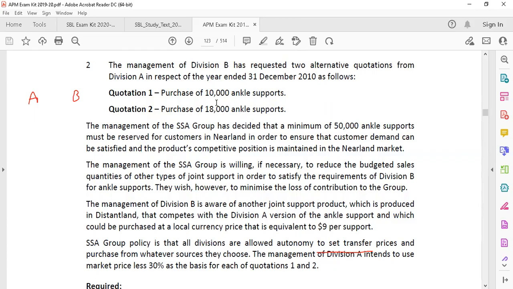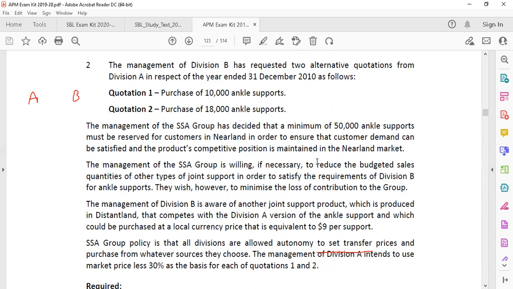Anyway, for 10,000 they have the capacity. For the other additional 8,000 units, they will have to take a decision of not producing those units and diverting the resources here. So should they be taking it up or not is the criteria we have to consider.